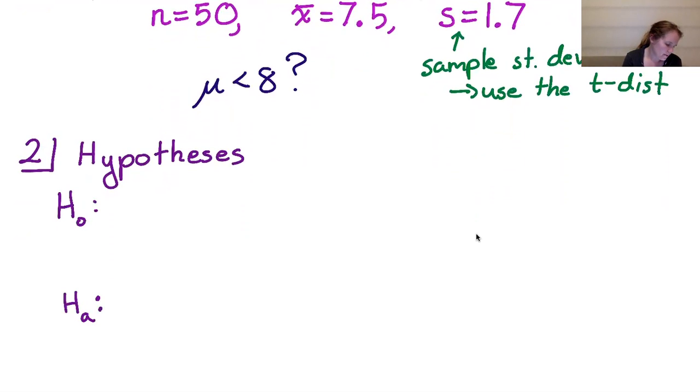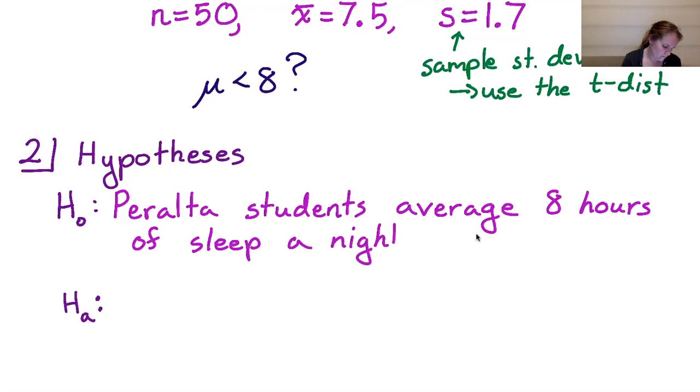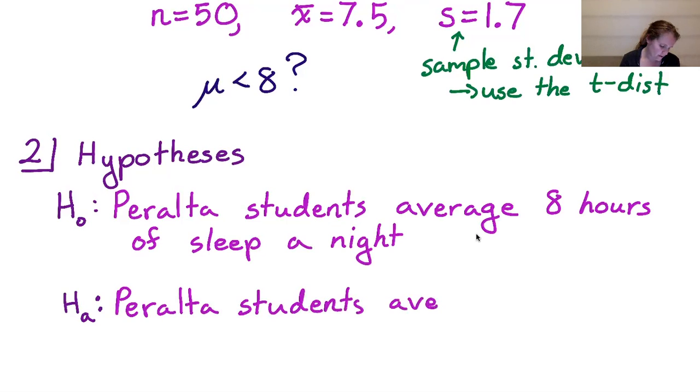Our null hypothesis would be that Peralta students average precisely 8 hours of sleep a night, versus our alternative hypothesis, which is what our guess was, that Peralta students average less than 8 hours of sleep a night.